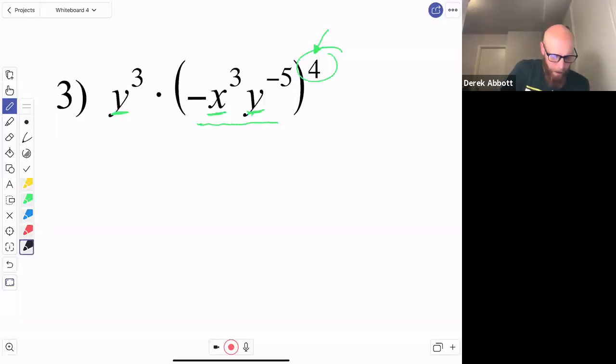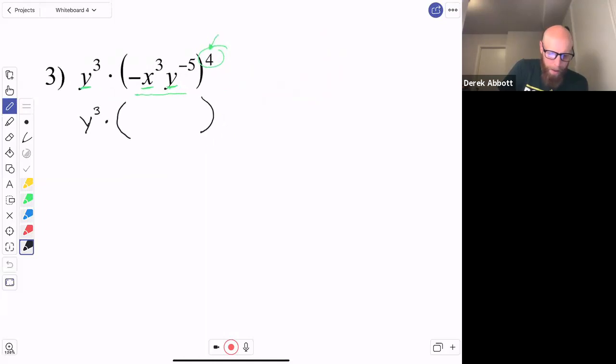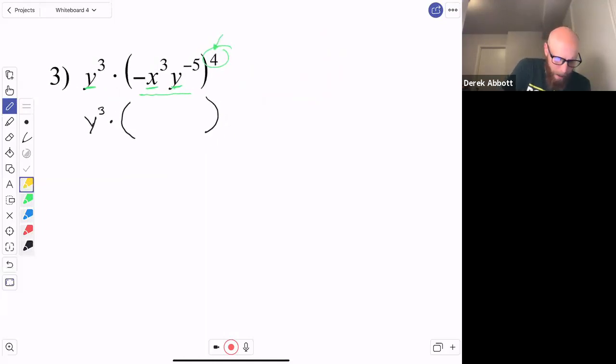Okay, so here's what happens. Let me just do the y cubed out here times, and let's apply this. I'm going to put the parentheses here, even though that's not necessarily going to do it. So let's talk about what this actually means.